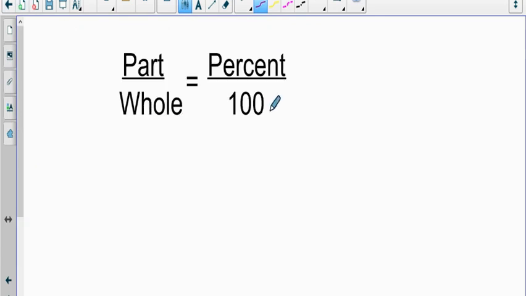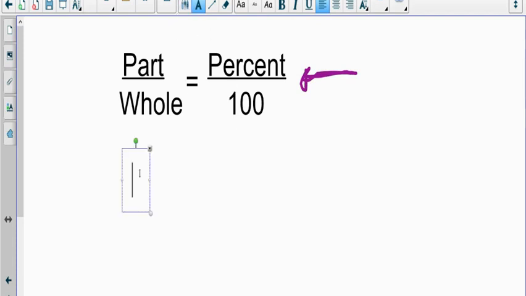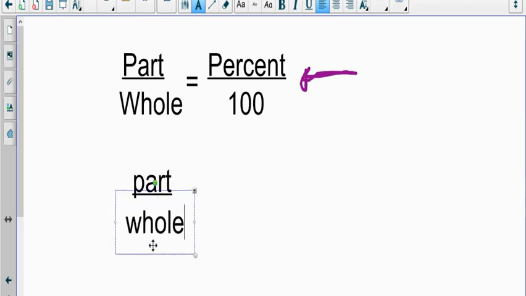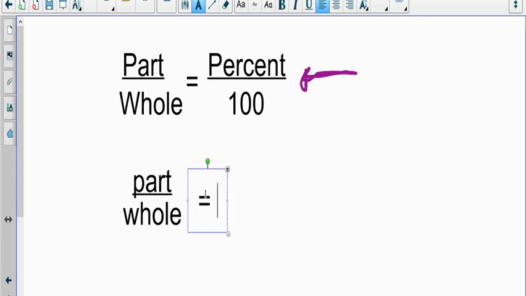The last percent equation is finding the percentage. This one's the easiest because I can replace this part over whole by just the percent, as a decimal, because it's the same thing.